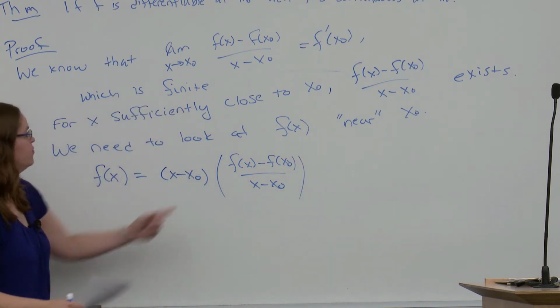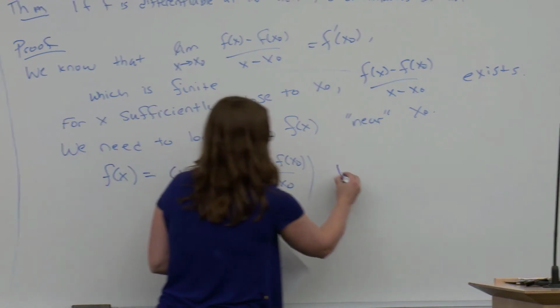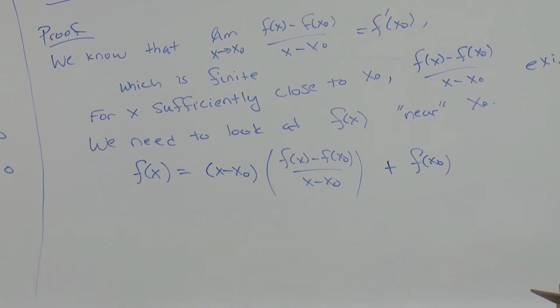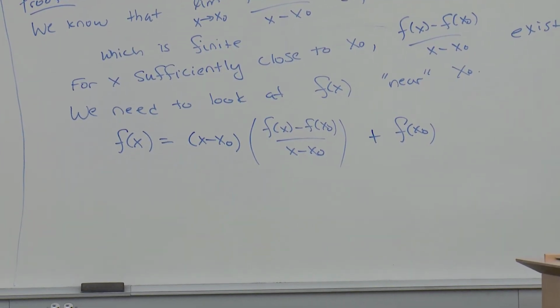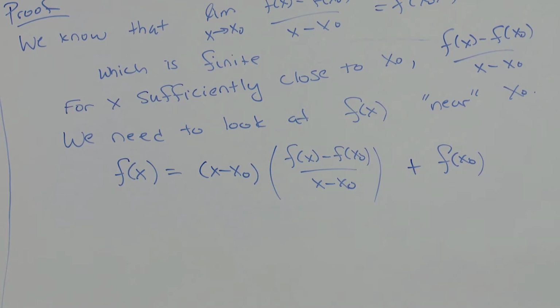Okay, so now I have f of x minus f of x naught. I better add that f of x naught back on. True? I haven't done anything sneaky here. All I've done is solve for f of x.